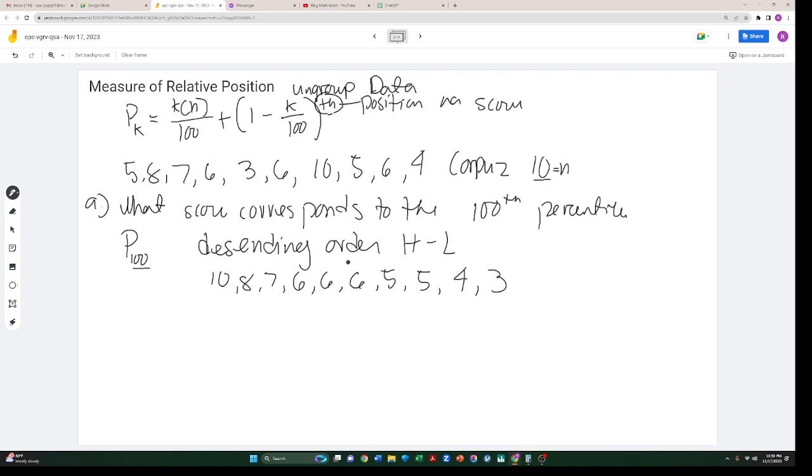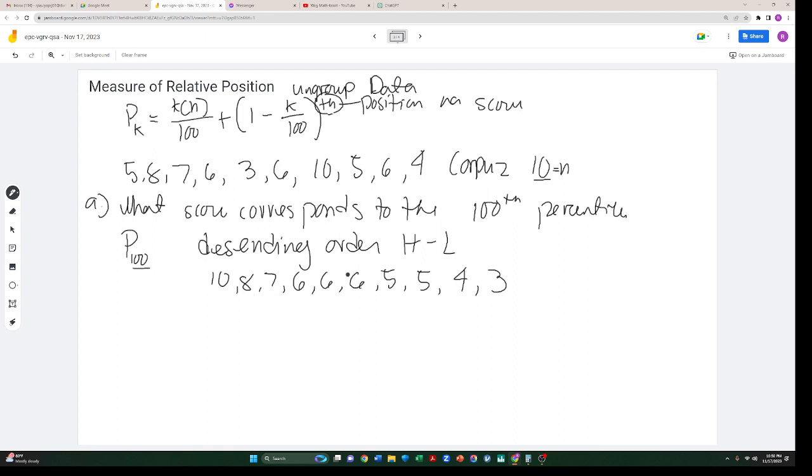Six is its percentile point. They are points in the percentile. So these are the percentile points, 10, 8, 7, 6, 6, arranged from highest to lowest.